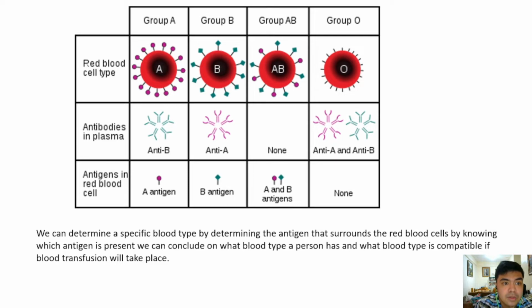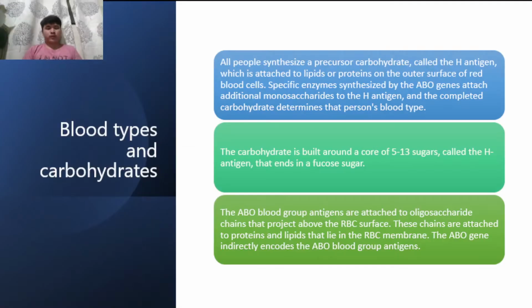So we can determine if it is compatible for transfusion, and we can simply interpret it by matching depending on a certain antigen or antibodies. It is not compatible unless it is AB blood, which is considered a universal recipient because they do not have antibodies. For the continuation of that topic, I'm going to discuss blood types and carbohydrates.